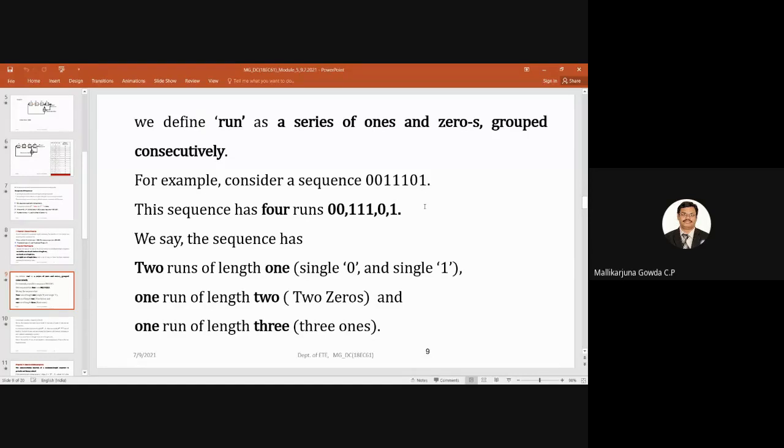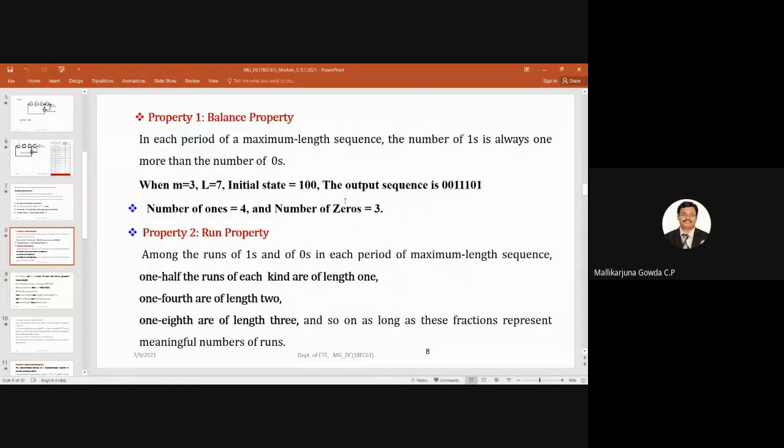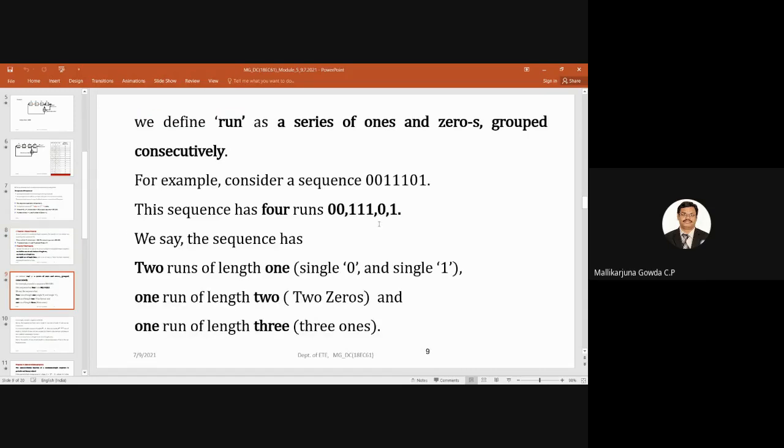So with that, whatever I told in the previous slide, 1/2 the runs of each kind are of length 1, then 1/4 are of length 2, 1/8 are of length 3, and so on, as long as these fractions represent meaningful numbers of runs. So let us try to find that. With this sequence, how many runs are there? I said there are 4 runs, right?